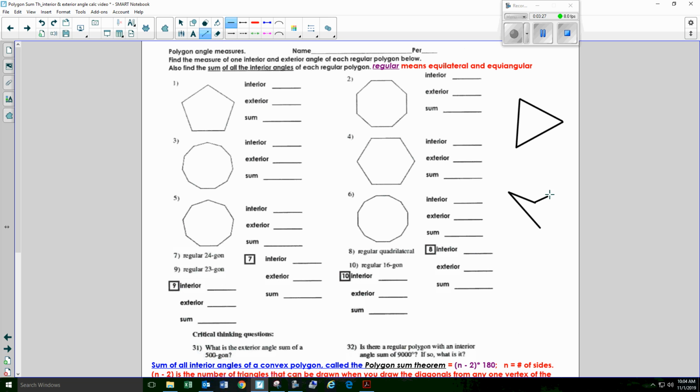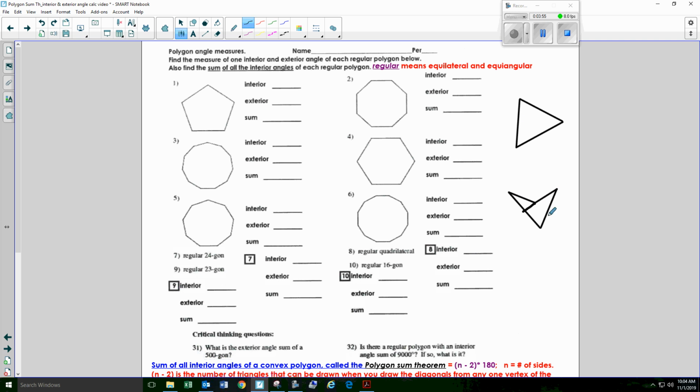The difference is this is called a non-convex or concave polygon, because if I extend this segment, it comes inside the figure. So that's non-convex or concave. When I extend any of these sides, they remain outside the figure. So this is a convex polygon.